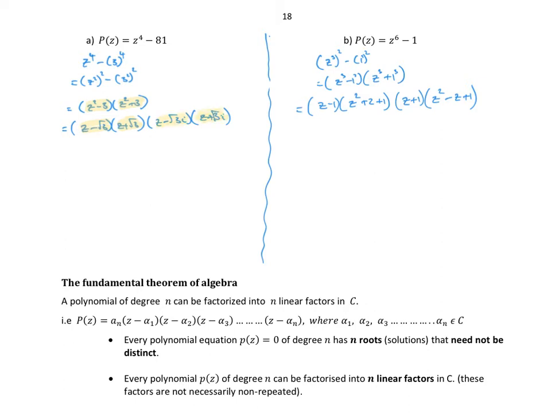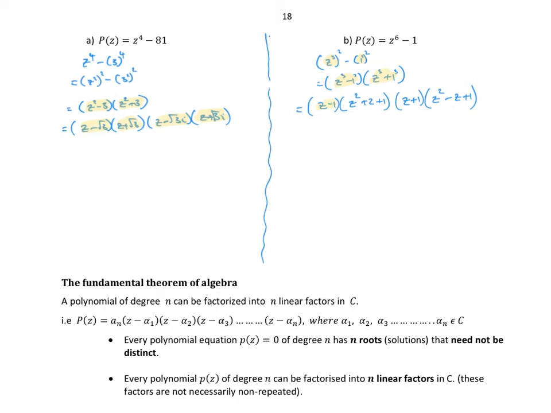Similarly, for z to the 6, I'm going to treat that as z cubed squared minus 1 cubed squared. So it's a difference of squares: z cubed minus 1, z cubed plus 1. And now we've got a difference of cubes.